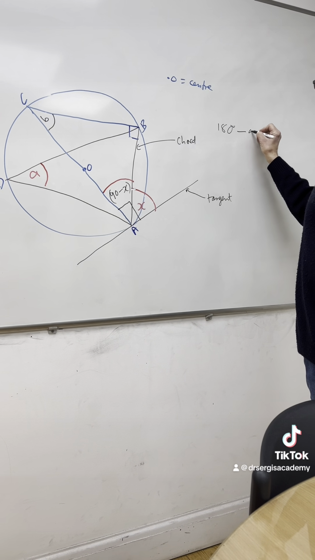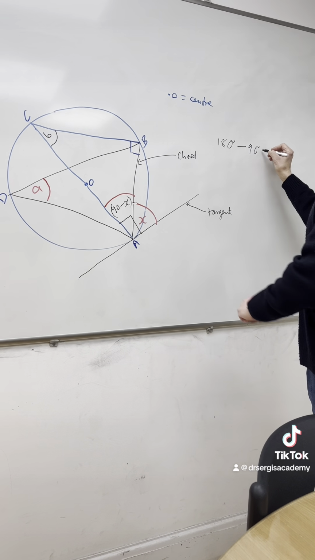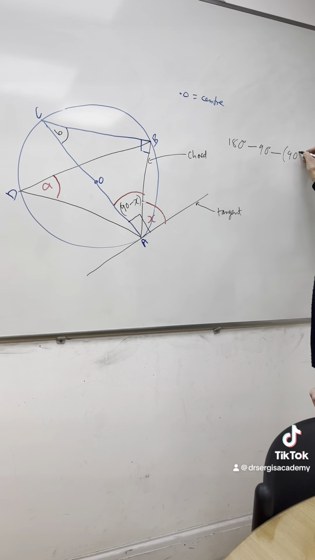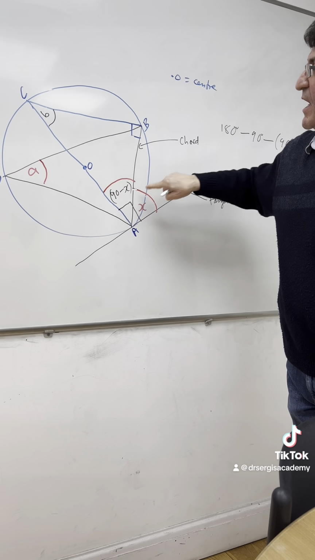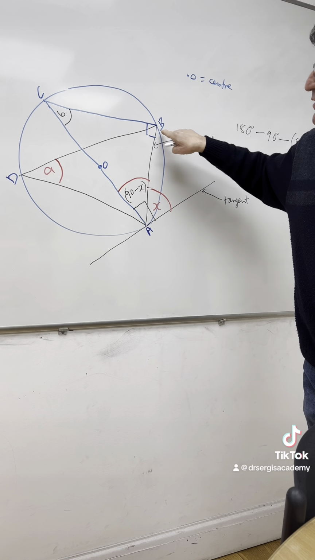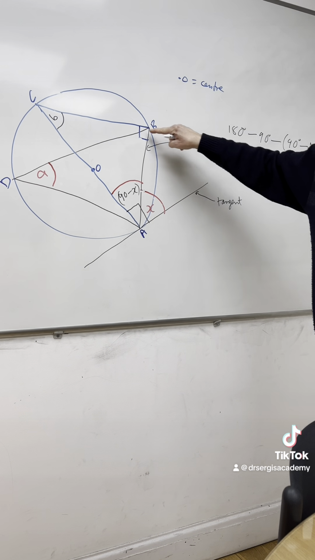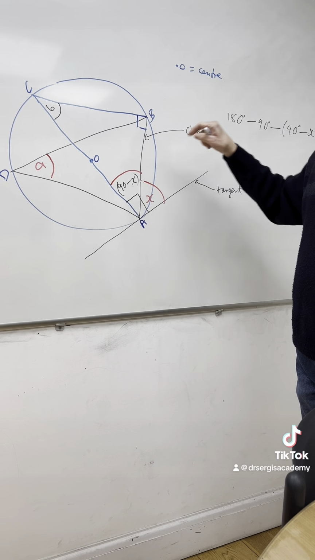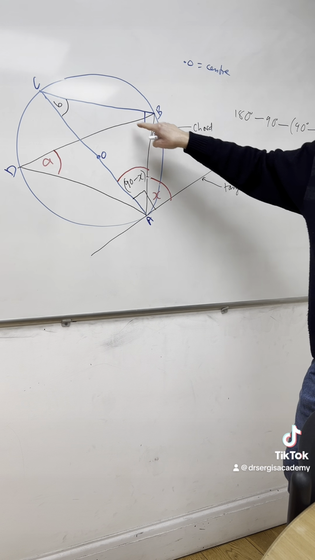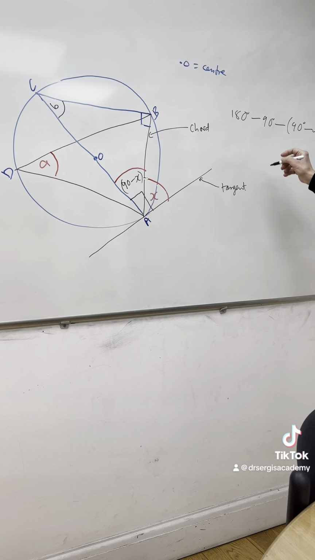So it's minus 90, minus 90 minus x. So we're taking away from 180, because these three angles of triangle A, B, and C have to add up to 180 degrees. So 180, take away this angle, take away that angle, will leave us with this angle.